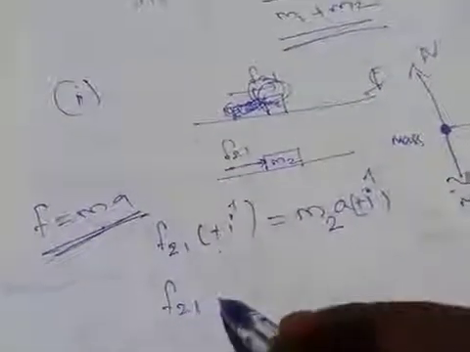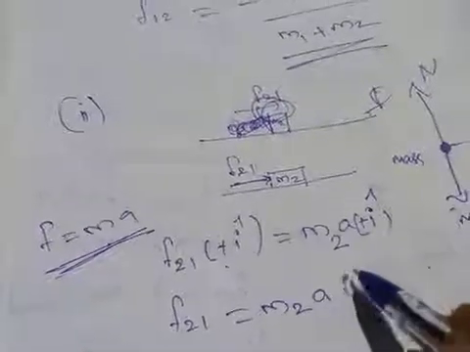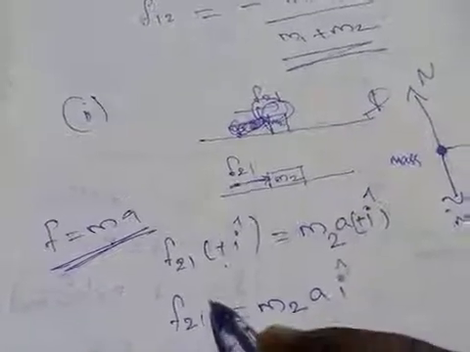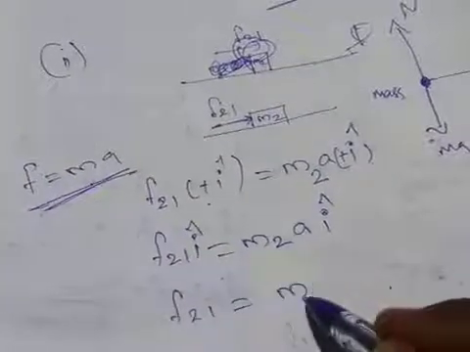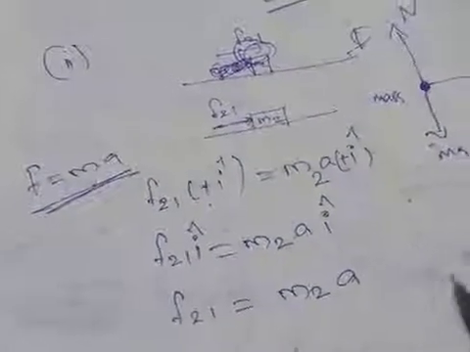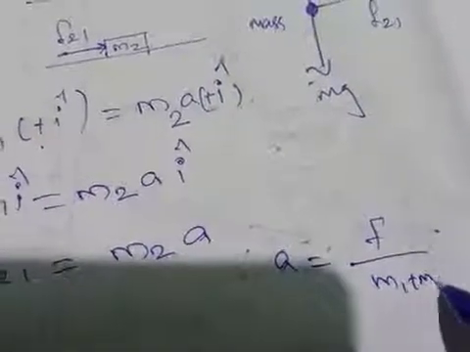So F21 is equal to M2 a i unit vector. Comparing the components, the i is not needed: F21 is equal to M2 a. What is this a? We have found already, a is equal to F by M1 plus M2.